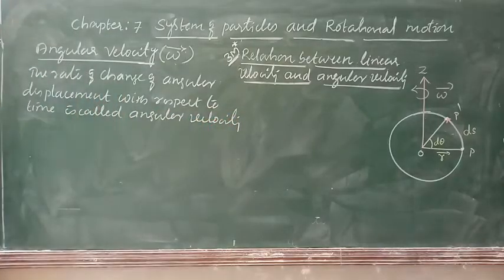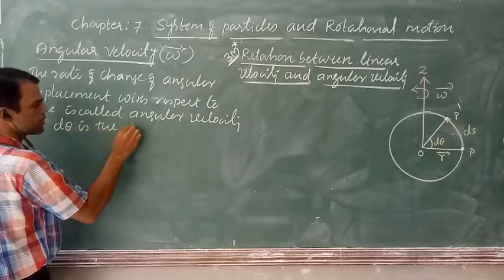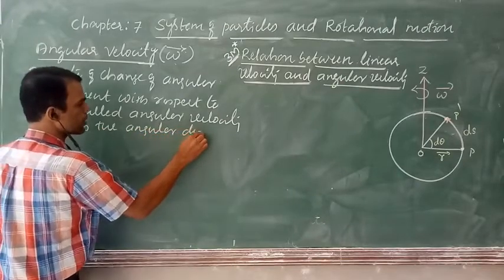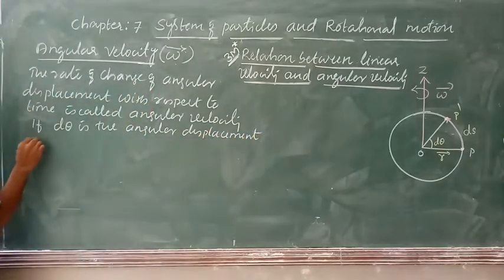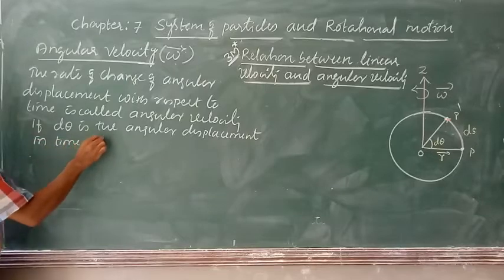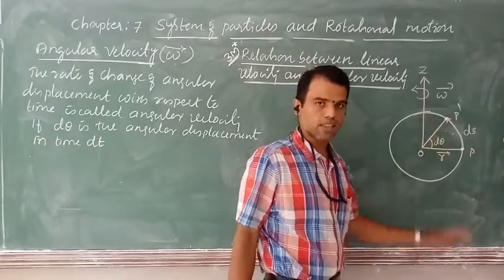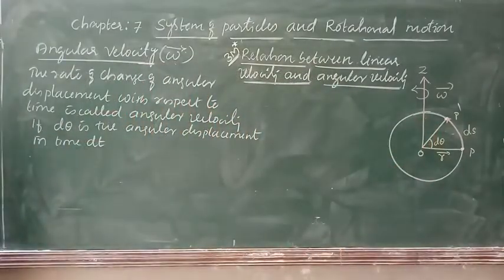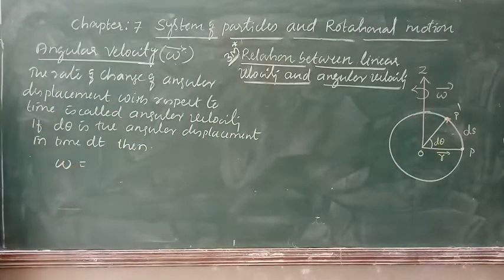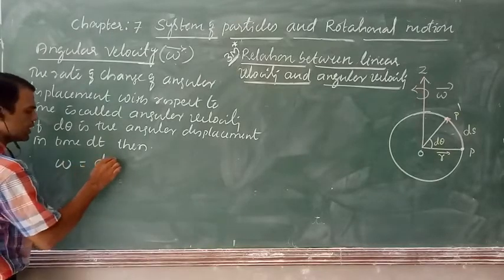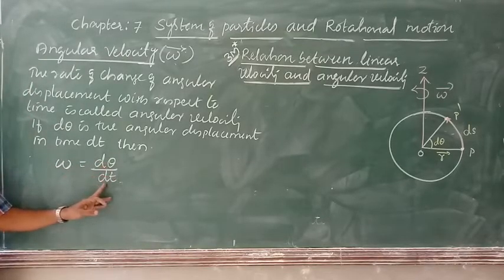If d theta is the angular displacement in time dt for a particle rotating with respect to an axis of rotation, say in this case the z axis, then angular velocity omega is equal to d theta divided by dt.